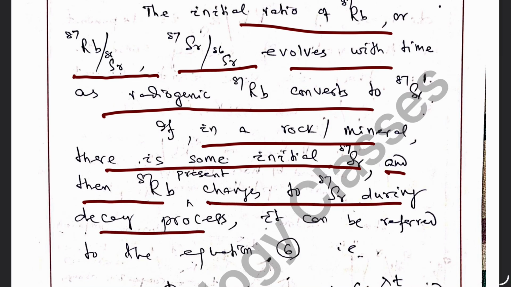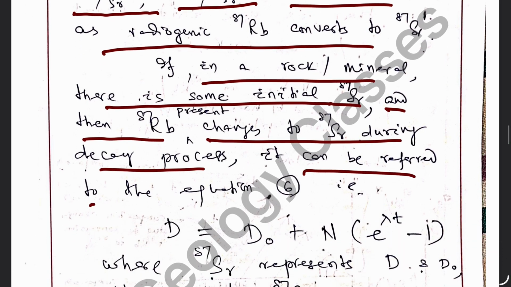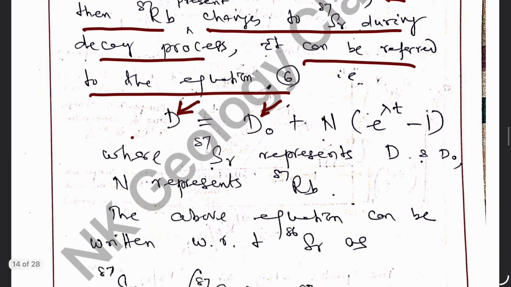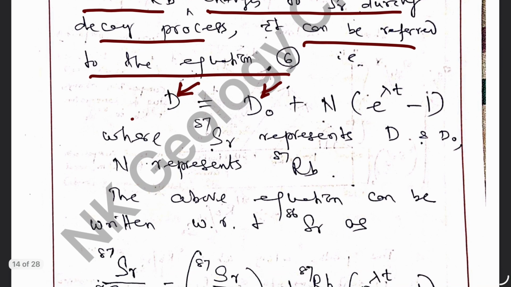changes to strontium-87 during the decay process, it can be referred to equation 6, where D is equal to D0 plus N into e to the power lambda t minus 1. Here D is the total daughter element, D0 refers to the original daughter element present, N is the parent element, and e to the power lambda t minus 1 is the slope of the line.